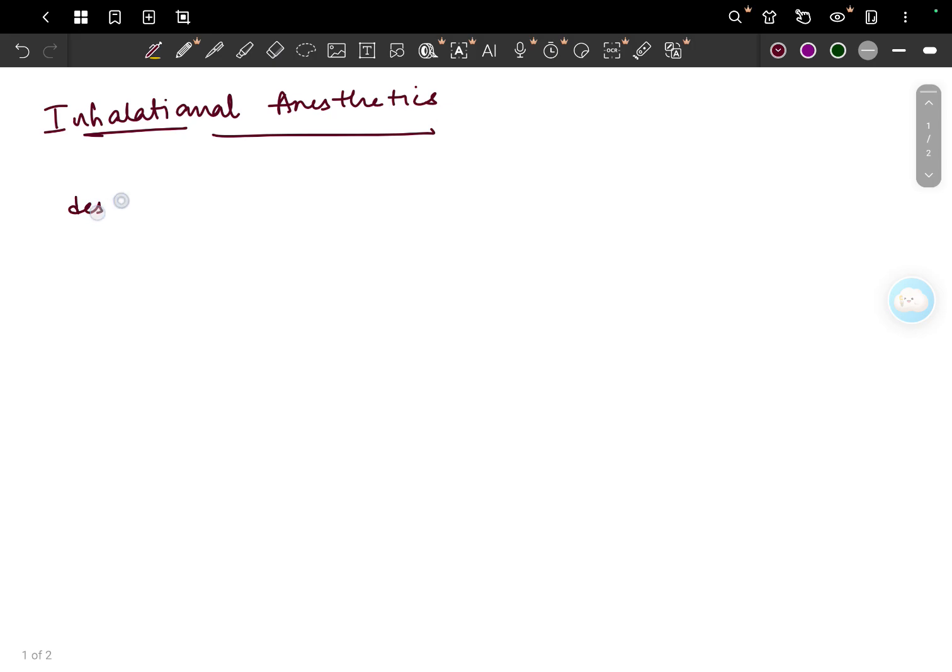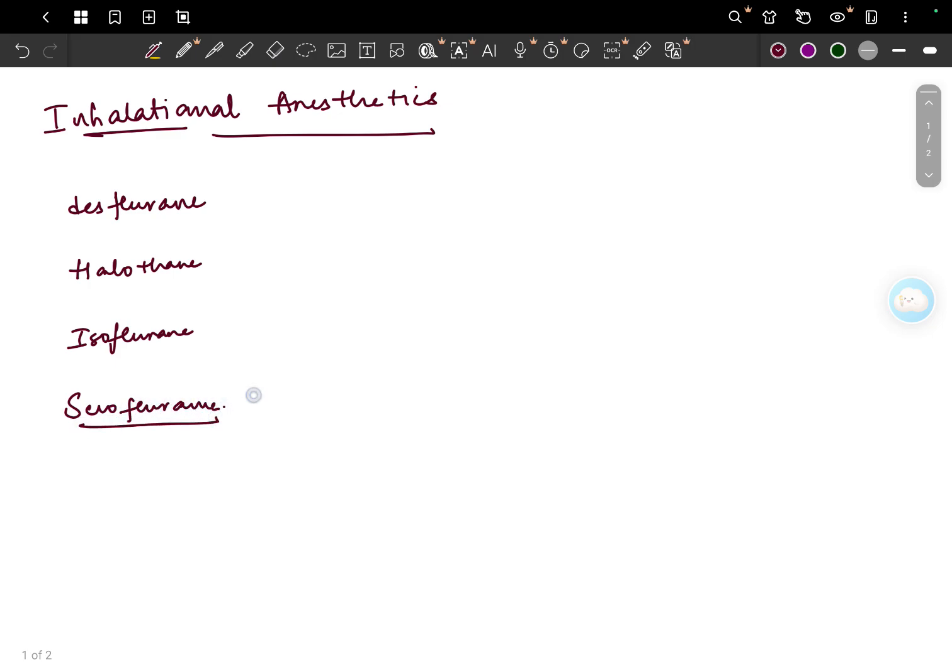So now we will be talking about an important topic, that is inhalational anesthetics. In inhalational anesthetics we have desflurane, halothane, isoflurane and sevoflurane.